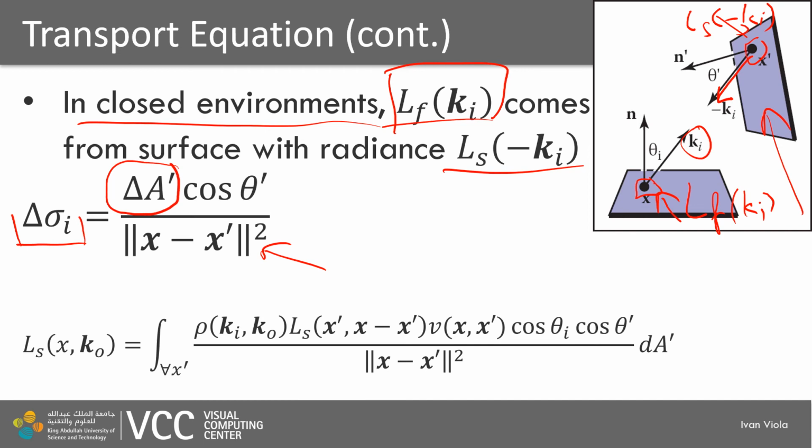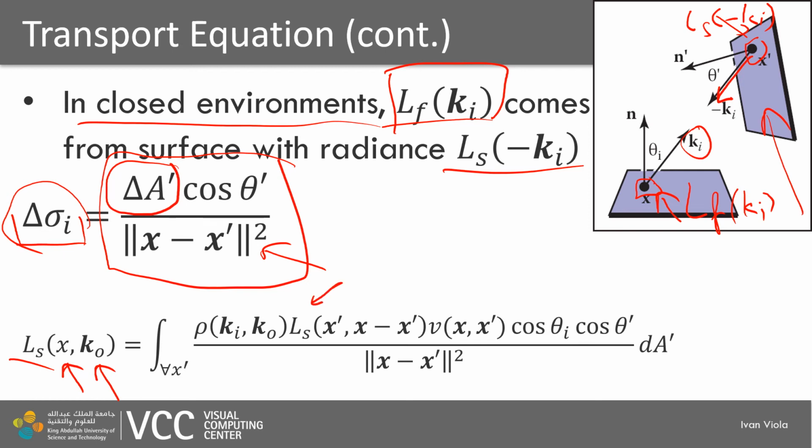So if we now replace the solid angle with this formulation, we can express one surface radiance at a particular position and a particular outgoing direction through the surface radiance of another point. You can see here this L_s is the surface radiance at the point x prime towards the direction k_i, which is equal to x minus x prime. So this is our surface radiance at the point x prime.